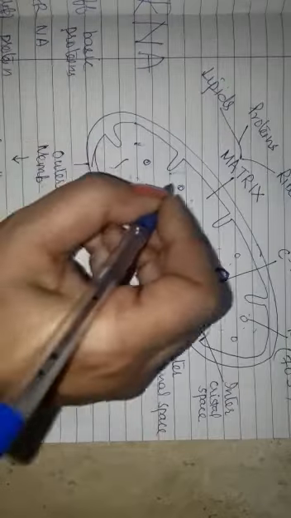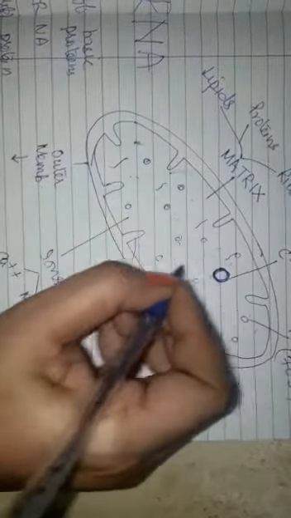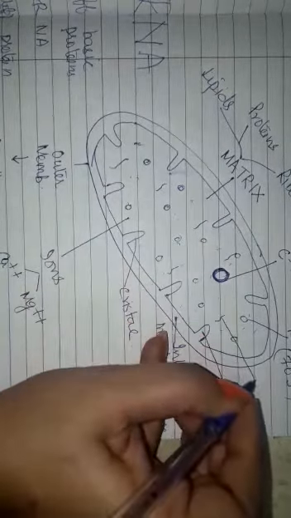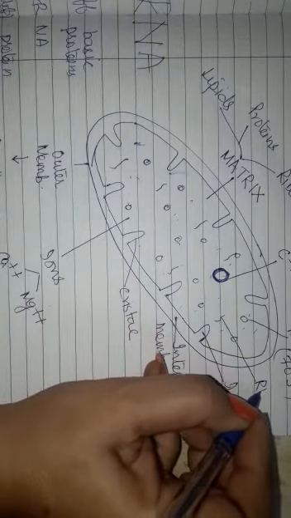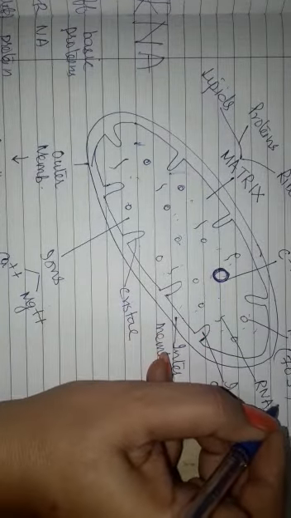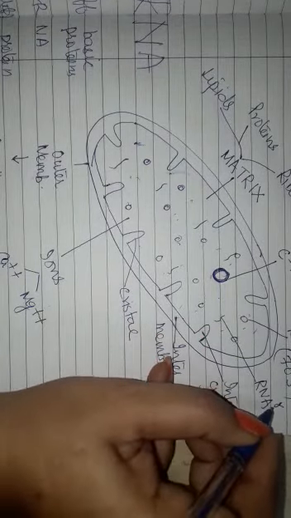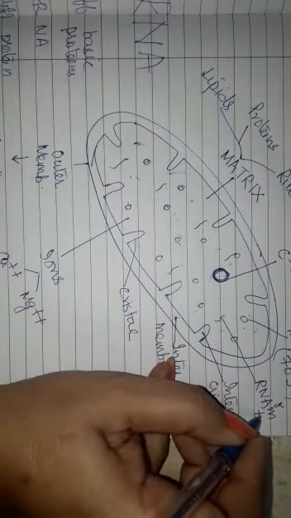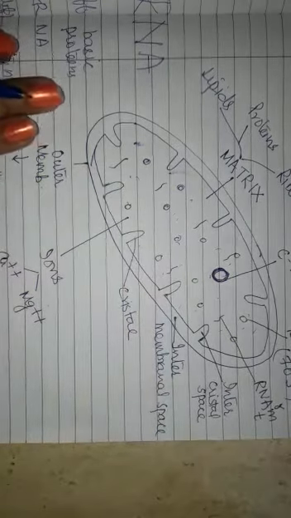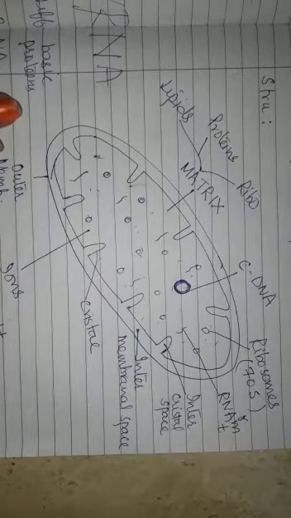There is RNA also. All the three types of RNA, that is ribosomal RNA, messenger RNA and transfer RNA, are found inside the matrix.